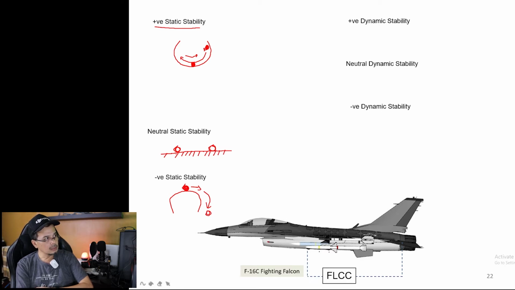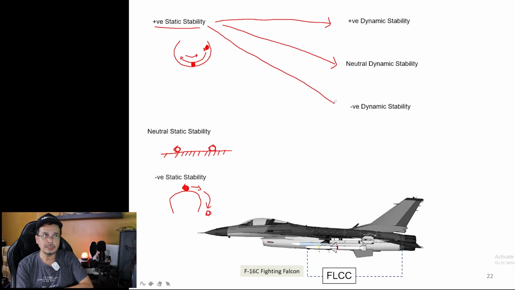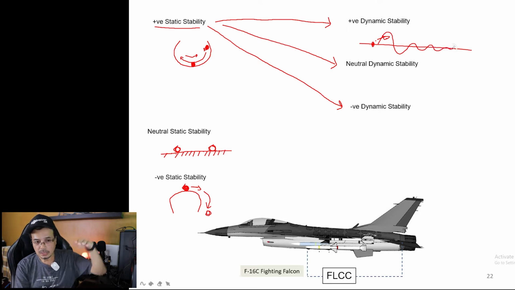But when we talk about positive static stability, it can be positive dynamic. Positive static stability can be neutral, or it can be negative dynamic stability. So this is the time domain. The time domain means that when the aircraft deviates from straight and level flight, it will oscillate, and to be positively dynamically stable, it will try to come to rest in the normal flight.